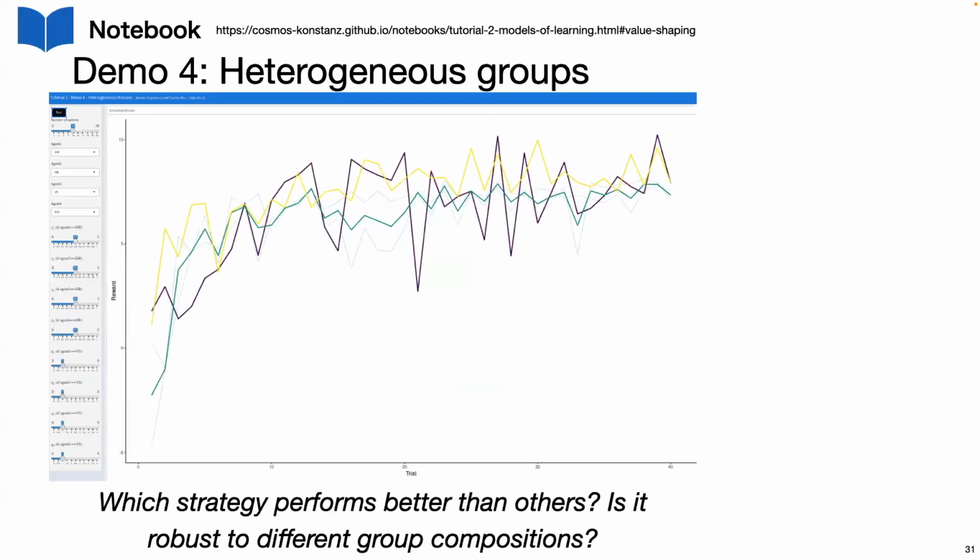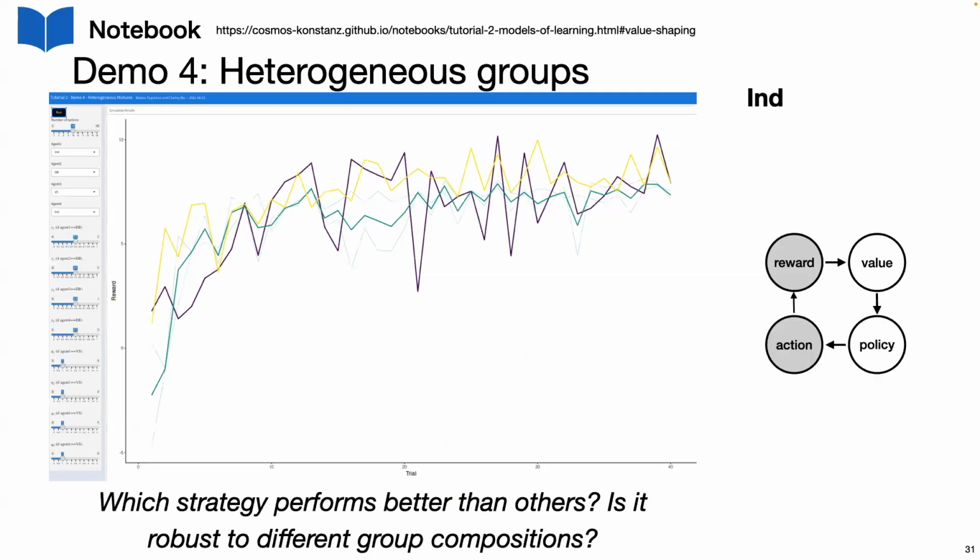And here we have one more demo where you can try out heterogeneous groups of both individual learners, decision biasing agents that integrate social information at the policy level, and value shapers that integrate information at the value level.